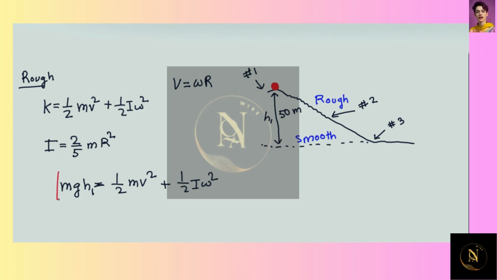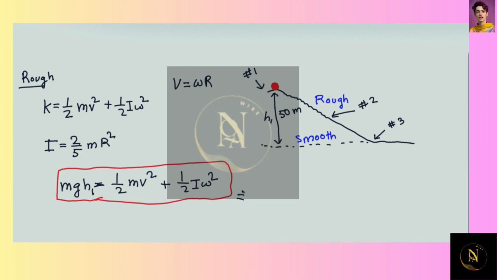We'll see what we need to modify in this equation so that we can use some information from it in the second part. First of all, we can replace I and omega using these conditions, so we can get rid of two parameters and write everything in terms of m and v.